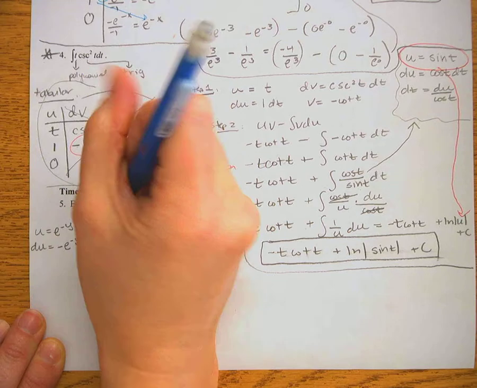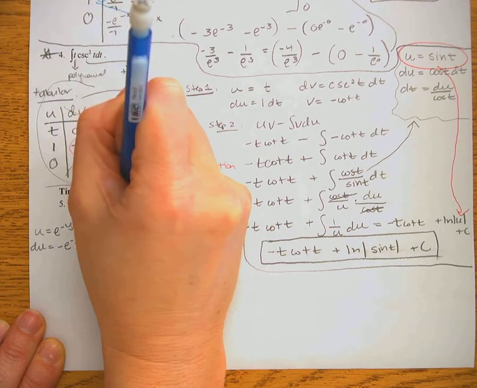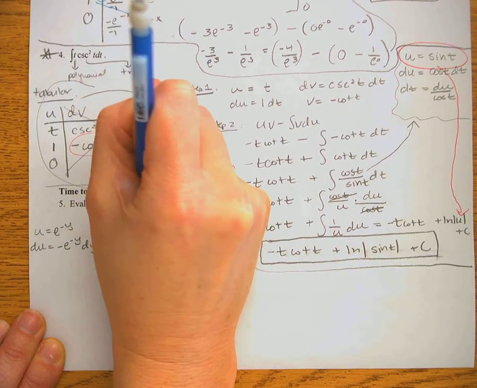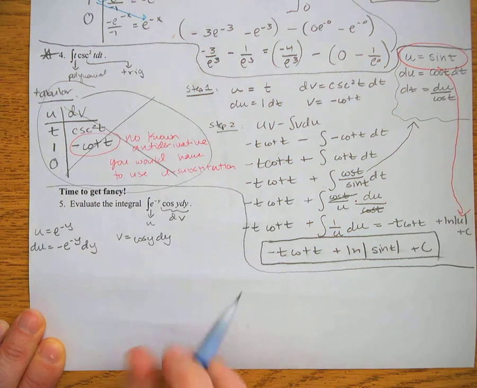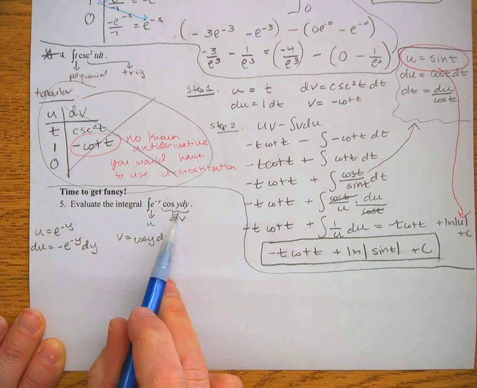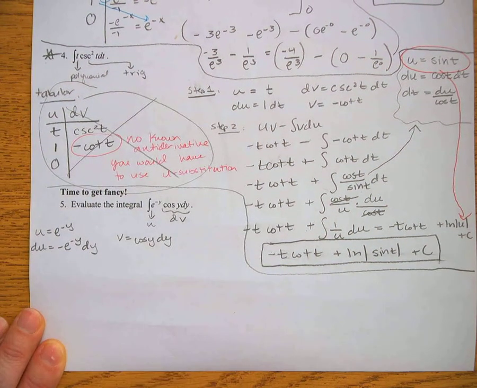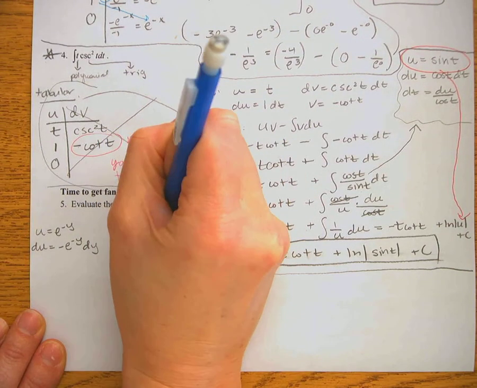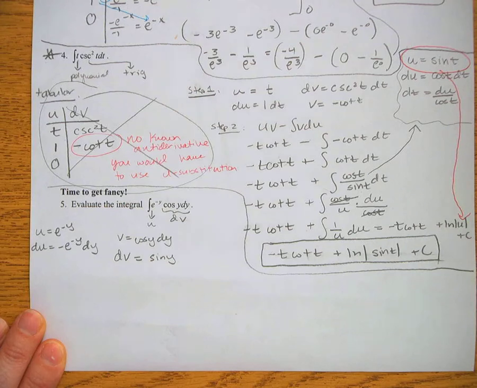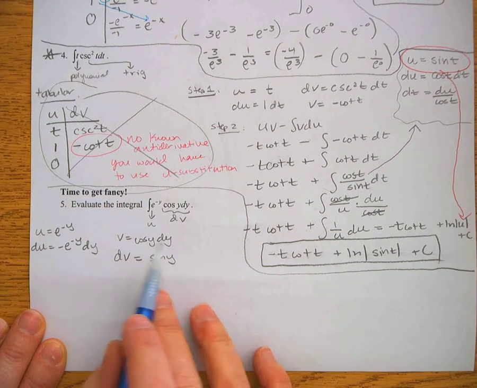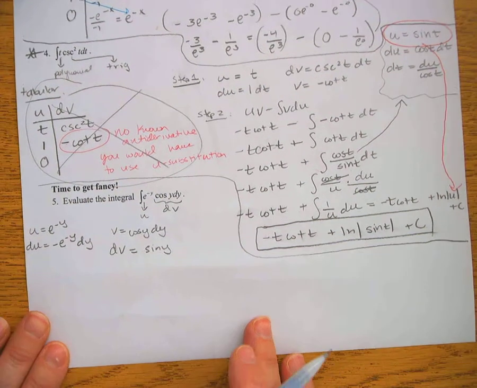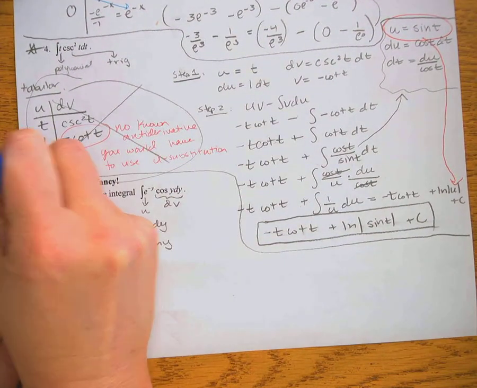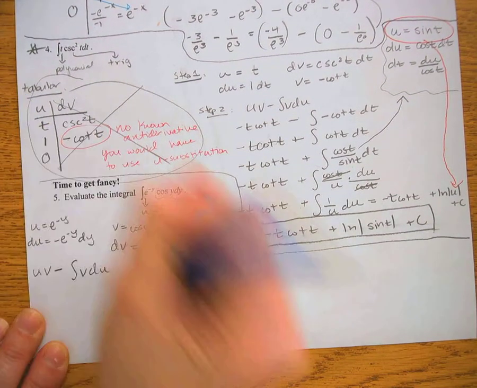Okay, and then dv is going to equal cosine y dy. And don't let the y's throw you, by the way. That's just another variable. You can treat it as if it were x. Okay, so v would be sine y because the antiderivative of cosine is sine, and when you take the antiderivative, the dy goes away. Okay, so now I'm going to do uv minus integral v du.